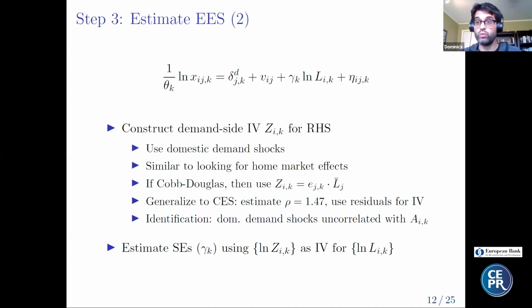In our baseline case, we're assuming that they don't. We discuss in the paper and do some robustness checks where they do, where we add Heckscher-Ohlin-type forces. So we have labor and capital used in different proportions in different sectors.